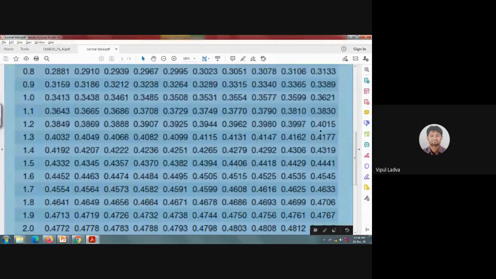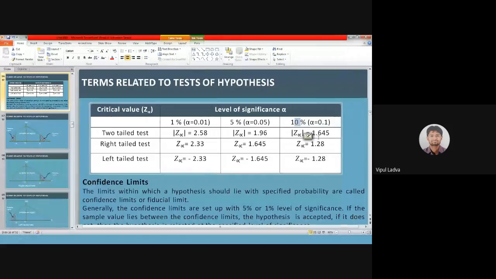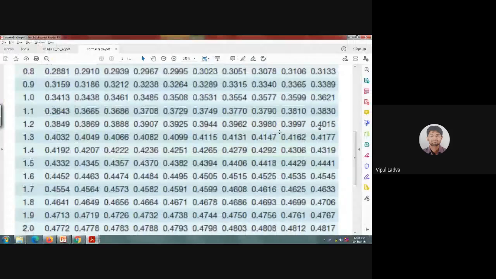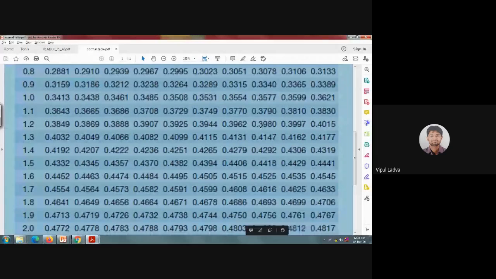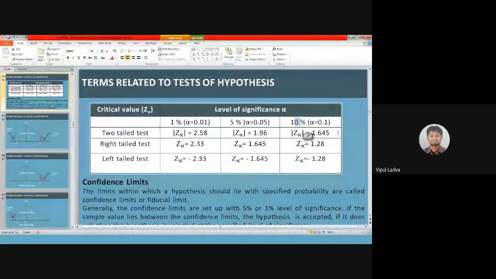If you take average of both of these, then surely you will have this value, sorry, 1.28. देख सकते हैं आप यहाँ पे. Where it is? Yes, here it is. उसके लिए जो column है, that is 1.2. And the respective column value, then it will be 1.28 approximately. So this is the reason. This is the way one can identify your critical value.